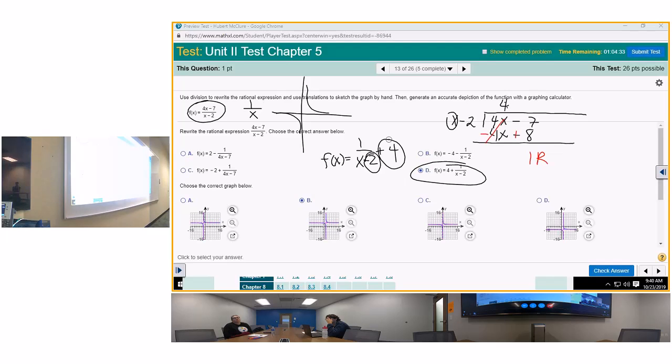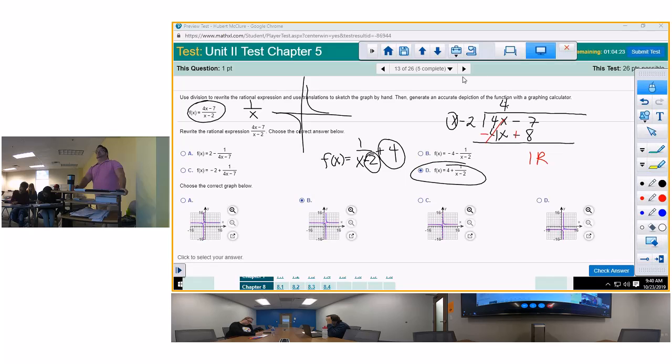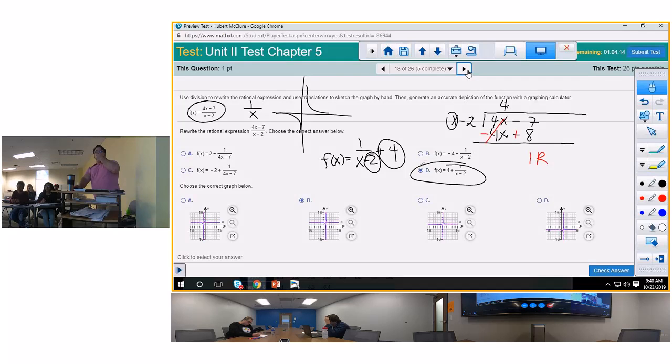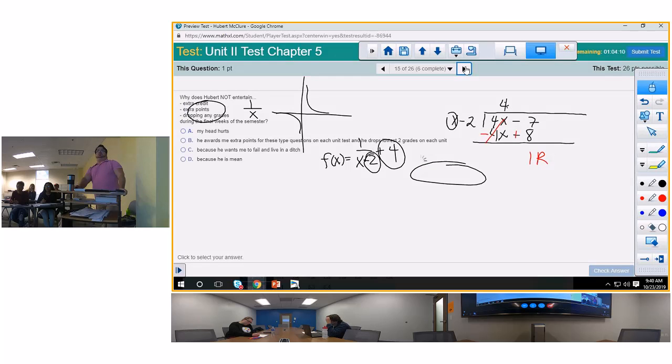To screw you up. That's why. Okay? Good job. Yay. And y'all all feel good about yourself. I think this is section 2, whatever chapter we're in, 5.2. And keep going.